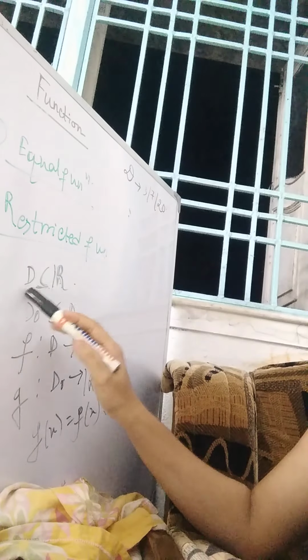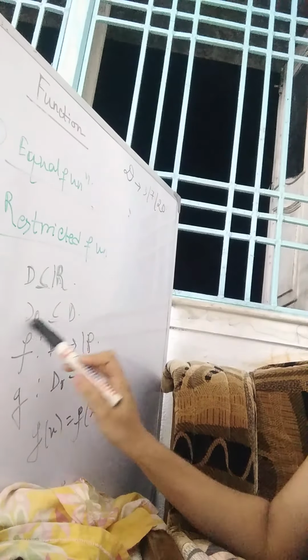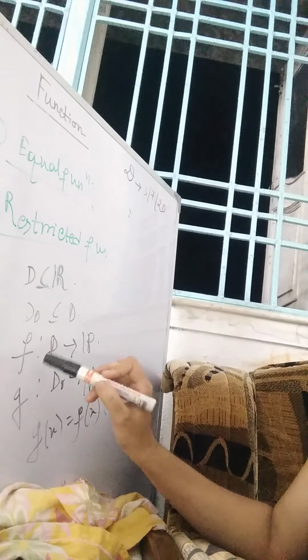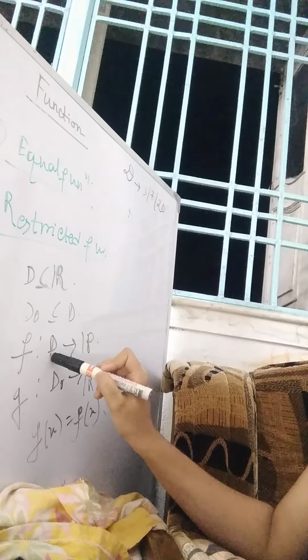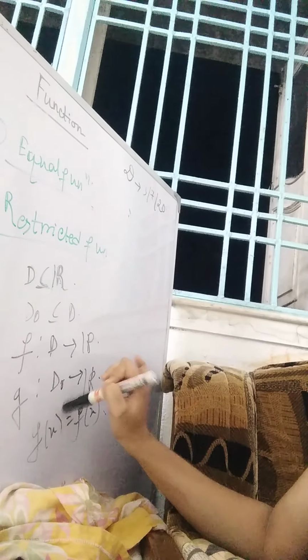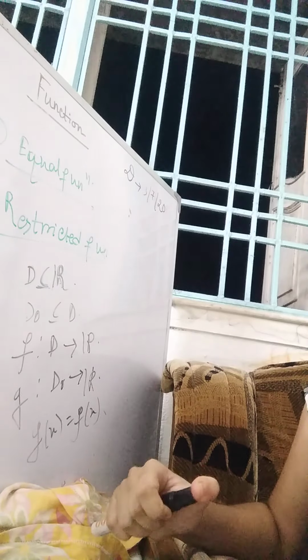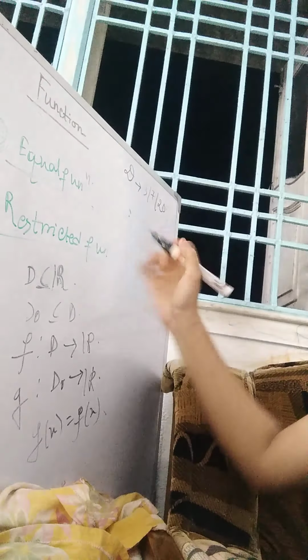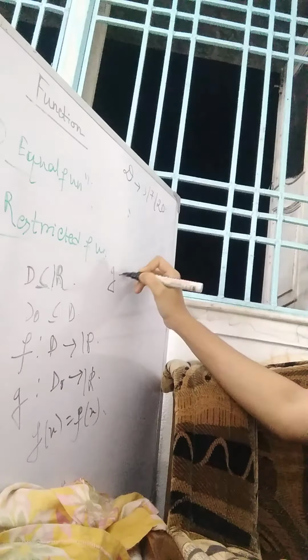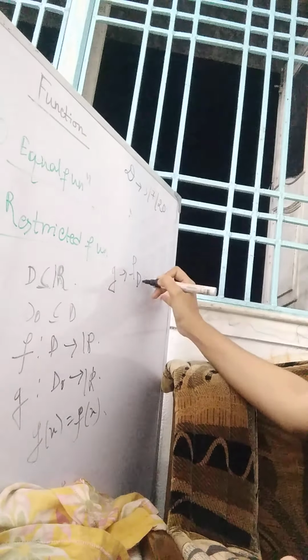That means if D is a subset of R and D0 is a subset of D, f is a function defined from D to R and g is a function defined from D0 to R. If g of x equals f of x in the domain D0, then g is denoted by f restricted to D0.